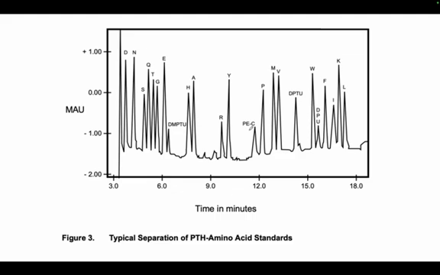But if I now run an unknown amino acid in HPLC and I get a peak, say, over here, this is my unknown amino acid run. When I compare that with the standard, I can determine the identity of this unknown amino acid just based on its retention time. I know that if I'm getting a peak here, it matches the retention time of tyrosine, and so my residue was most likely a tyrosine. Then we can repeat this for each residue.